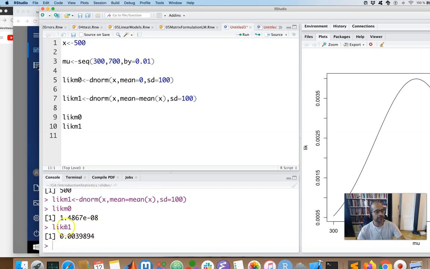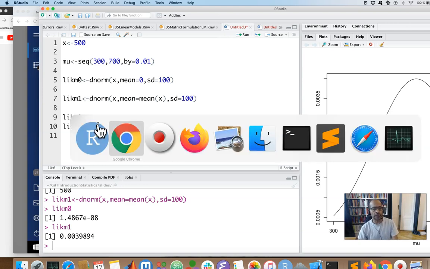What you can see when I compare these two likelihoods intuitively is that the likelihood under mu being the mean of x is higher than the likelihood under the model where mu is assumed to be 0, right? That's a very small number there. So really the likelihood ratio test takes the ratio of these two and uses that statistic to quantify the extent to which there is support or evidence for one or the other model.